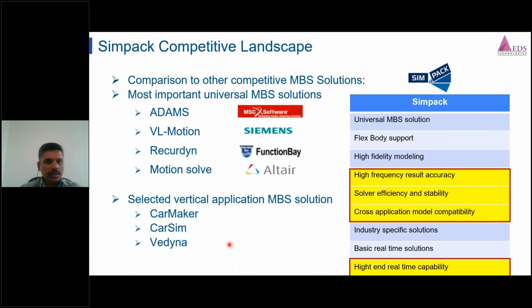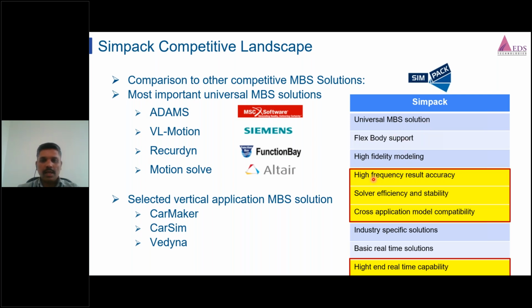Next is the Simpack competitive landscape. Here I will explain how Simpack is better than its competitive products or competitors like Adams, VI-Motion, Recurdyn and MotionSolve. You can see here the benefits and strengths of Simpack.